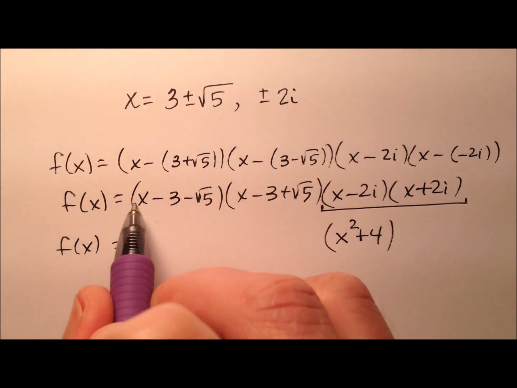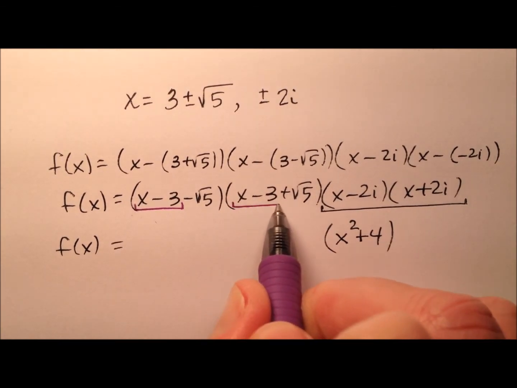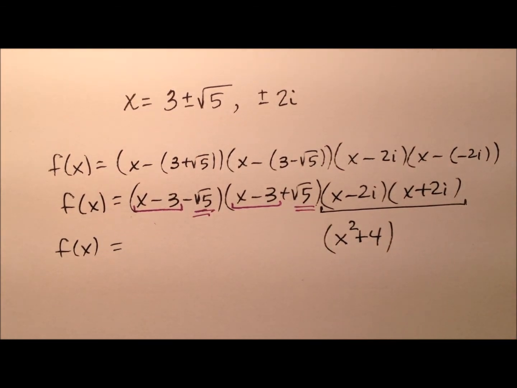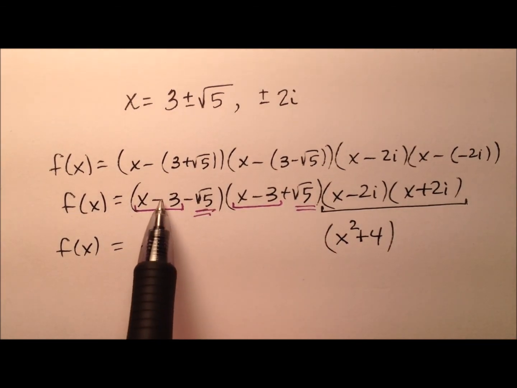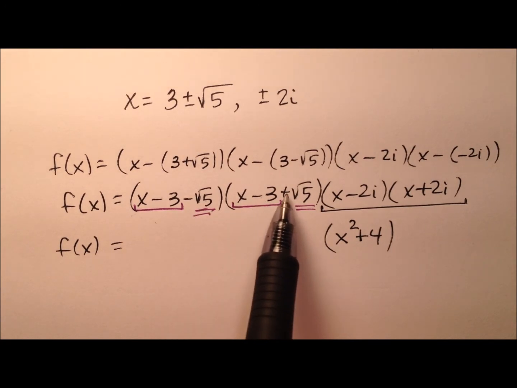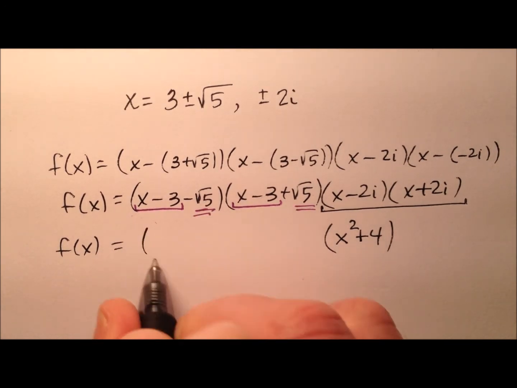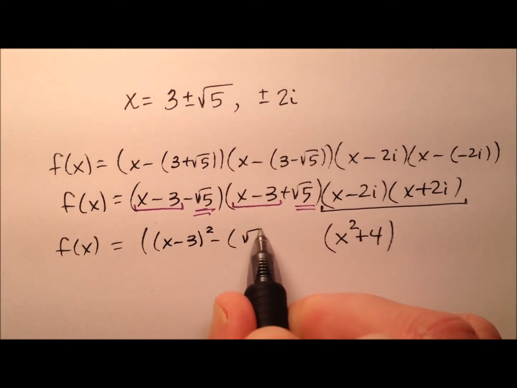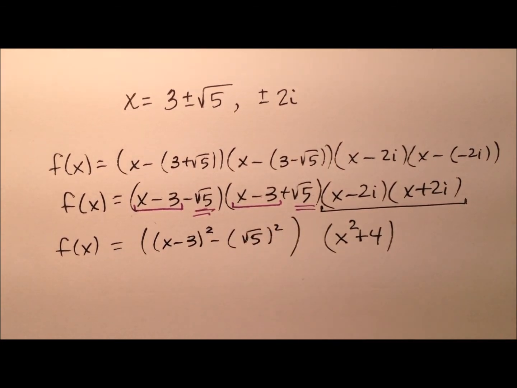So I can say that the x minus 3 is my a term, and I can say that the radical 5 is my b term. So I do still have a minus b times a plus b, which will be difference of squares. So this will be x minus 3 squared minus the square root of 5 squared. And that will be this multiplied together.